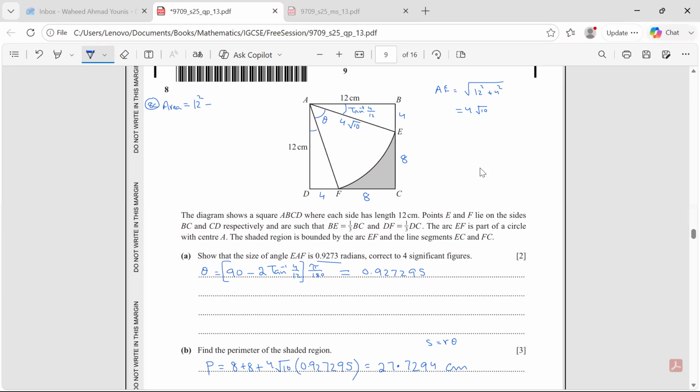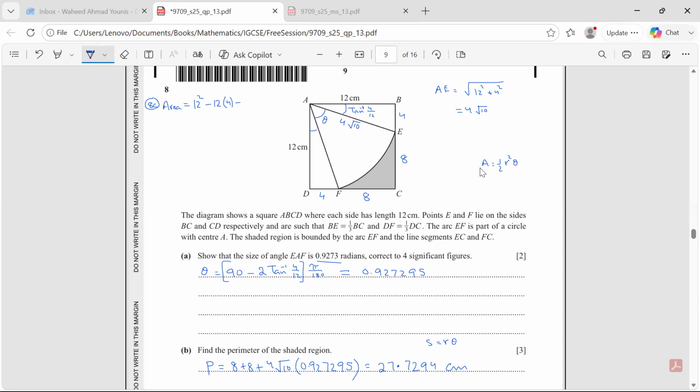The area of this rectangle is going to be 12 times 4, right? And again, a similar triangle over here, so the total area of the rectangle. Minus, if I subtract the area of the sector as well, how do I find the area of the sector? It is half r square theta. This is how we find the area of the sector.